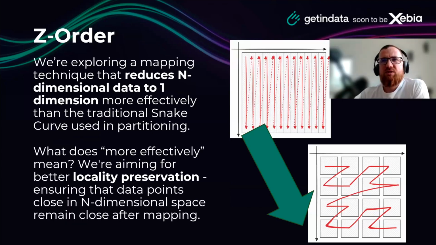So what's the next possible solution? Z-ordering. Z-ordering assumes that instead of basing only on the uniqueness of keys on the columns, we pick the partitioning columns and we try to order the data using, for example, the Z-curve, which is one of the possible ways of ordering multi-dimensional data.